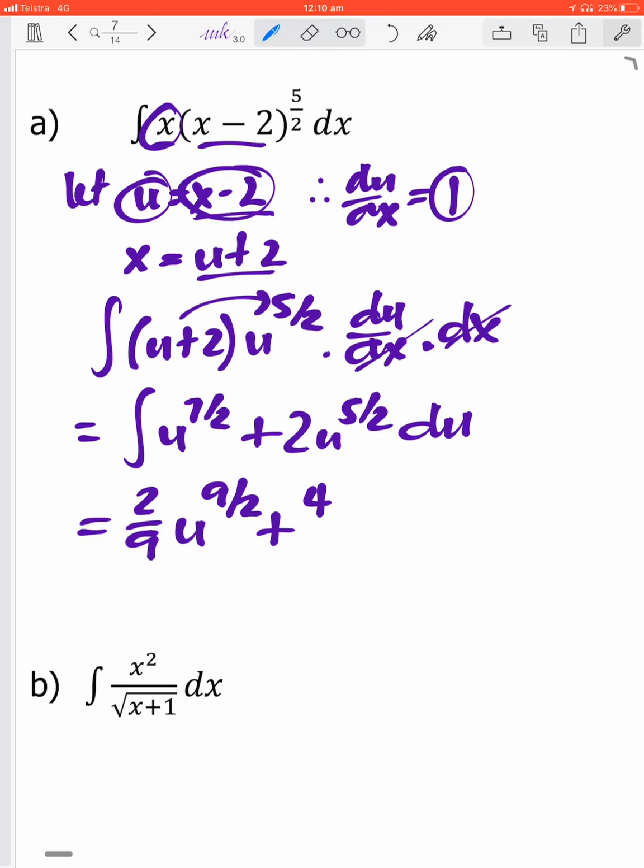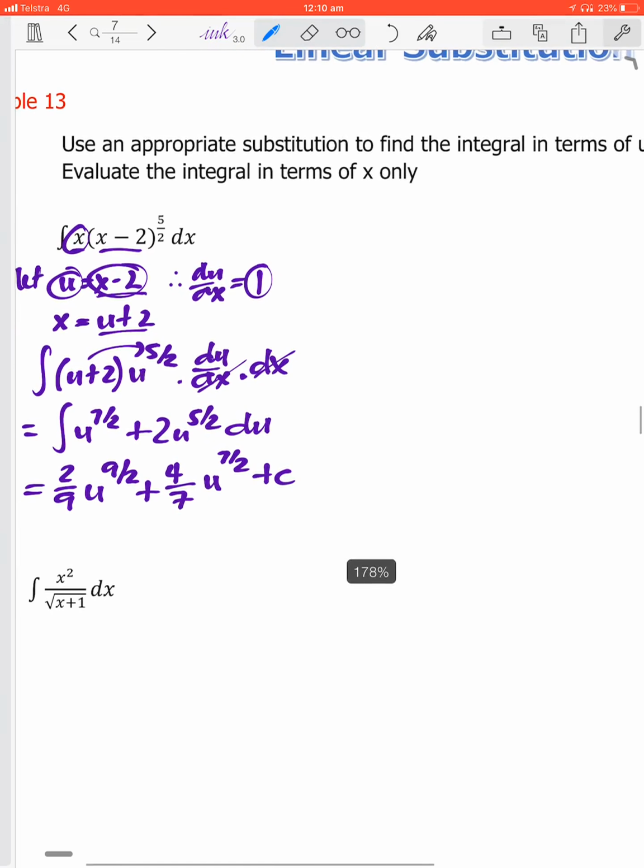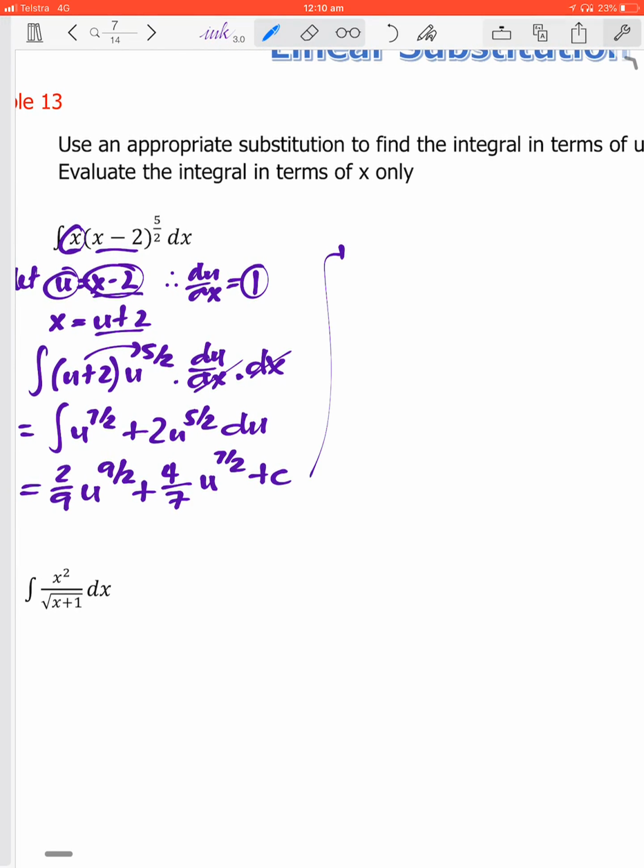So I get 2 times 2 on 7, which is 4 on 7, u to the 7 on 2, plus c. We can take out u to the 7 on 2.